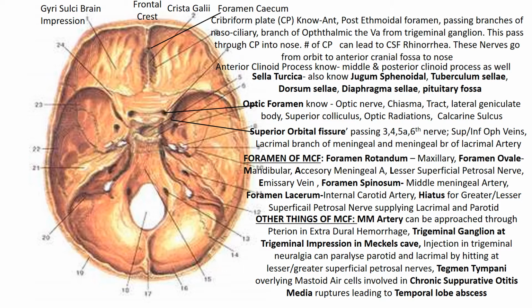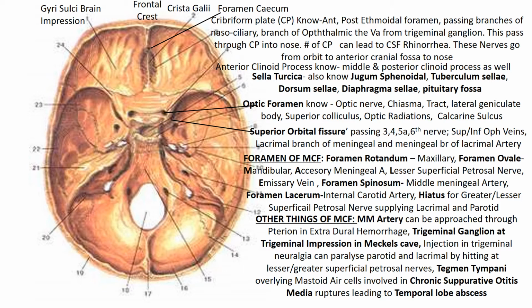So you see the anterior and the posterior clinoid process. There's a middle clinoid process also, and you have gone through the sella turcica, jugum sphenoidale, tuberculum sellae, dorsum sellae, diaphragma sellae, and pituitary fossa.